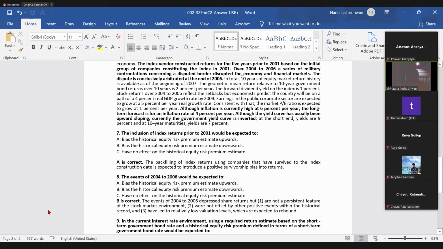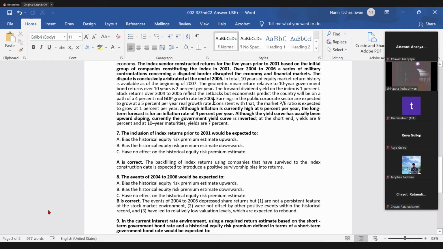And the key is that during 2004 to 2006, there was a series of military confrontations, a war, that affected the economy, the financial market, and the stock return.